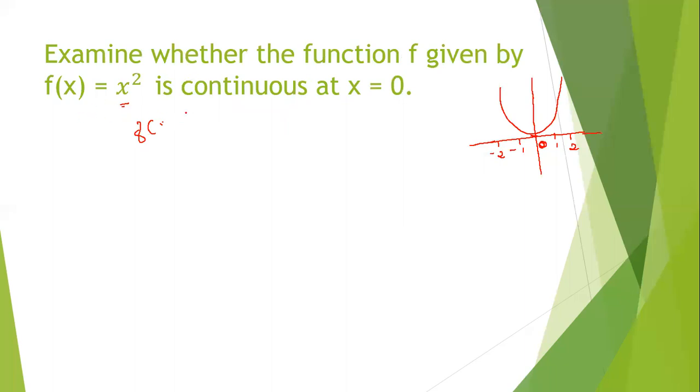So our function exists at x is equal to 0. Now if we try to find out the value of the function at x is equal to 0, what we get? We get 0 square, that is nothing but 0. Correct? So what will be the limit x tending to 0 f of x? Yes, here also you get limit x tending to 0, x square.